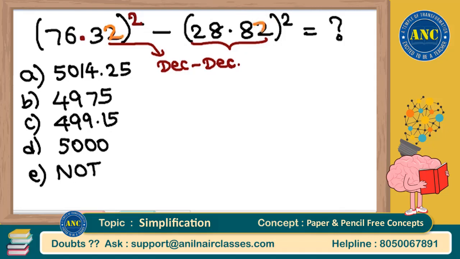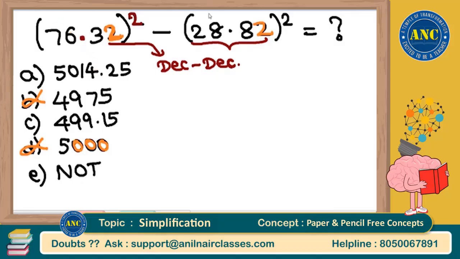This number also will end with 4 because 2 square is 4. Probably you might get the unit digit as 0. Maybe the next digit also has a 0, but not the third digit, definitely for sure. And it will not be an integer when I subtract. So this is also ruled out because it will not be an integer, right?